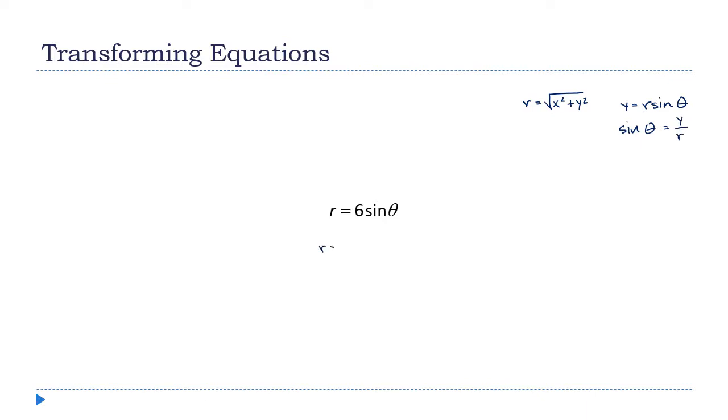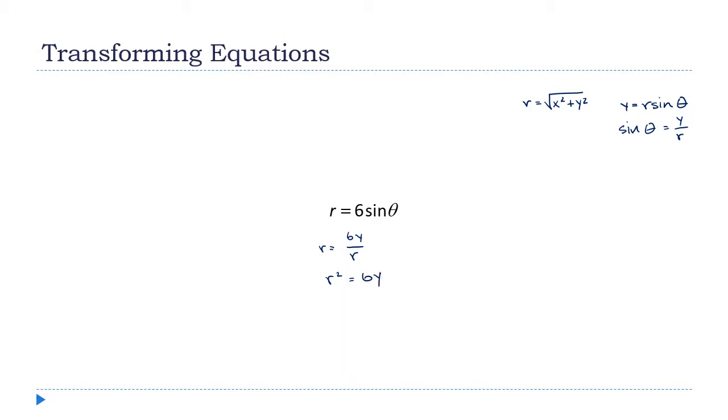This becomes r equals 6y over r. Well, that's nice. It got the theta part out of there at least. So let's simplify this a little bit. Let's multiply both sides by r. r squared equals 6y.